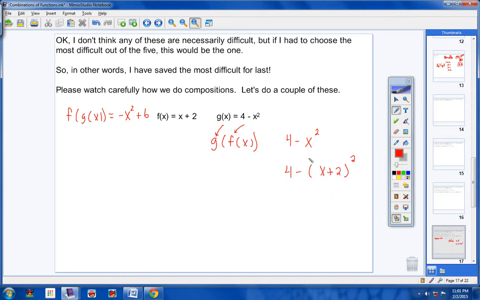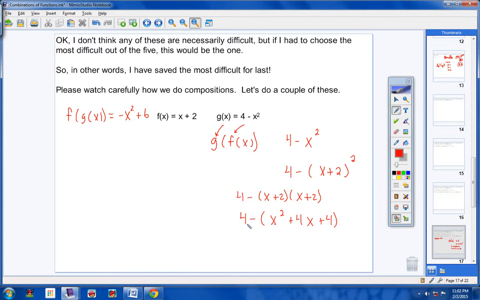Okay, now, normally you would want to take the negative sign and multiply it through, but remember, you have to do exponents first, okay? So we have 4 minus x plus 2 times x plus 2, okay? Now, I'm not going to take a lot of time and do this for you, but if you took x all the way through and took your 2 and multiplied it through, you would end up with x squared plus 4x plus 4, okay?